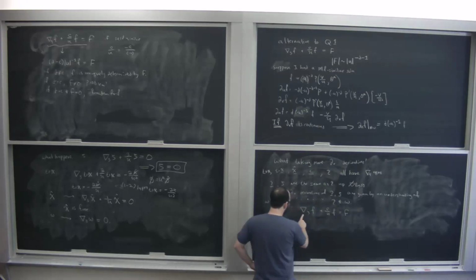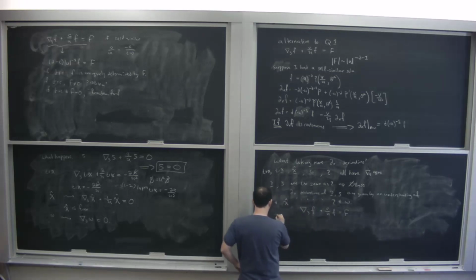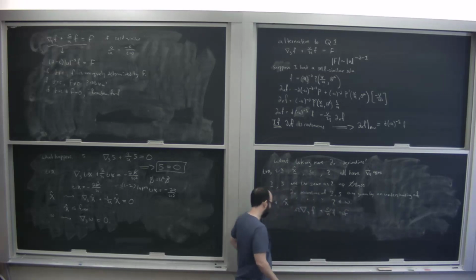Okay. Well, let's think about what happens in this commutator. So even if f is scalar, I could do some things. First of all, I can multiply this through by the lapse. That's fine.